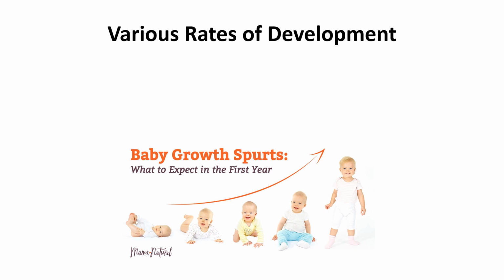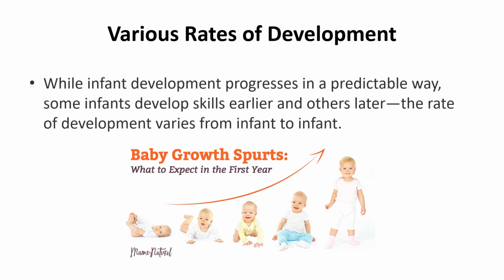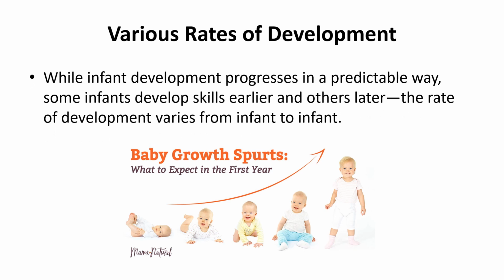You may have a baby who walks very early and a baby who walks late. So we just need to remember that babies are going to develop skills and abilities at various rates. While infant development progresses in a predictable way, some infants develop skills earlier than others and others later. The rate of development varies from infant to infant.